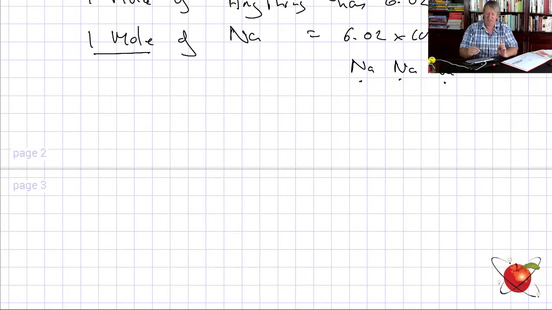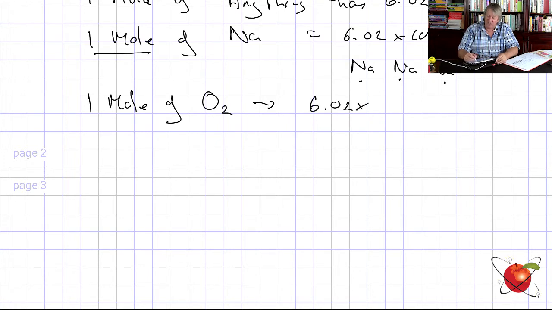Well, we say 1 mole of oxygen. How many atoms are in there? It contains 6.02 times 10 to the 23 O2 molecules. O2 molecules.